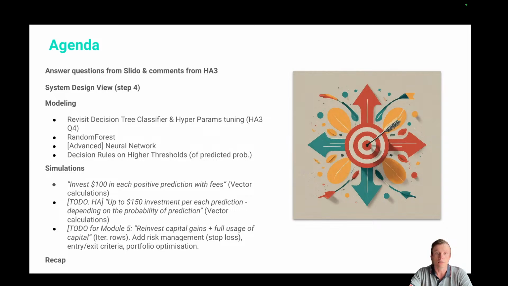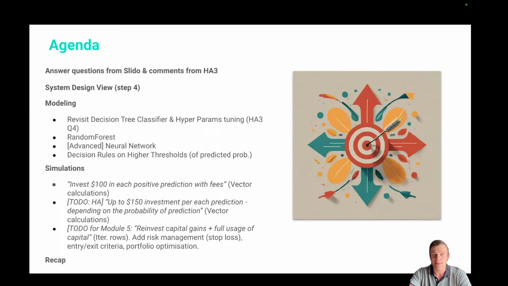For you, there will be a task for a home assignment. You will slightly adjust the algorithm of simulation, and you will be asked to invest a higher amount of money, up to $150 per each positive prediction, depending on the probability of prediction.